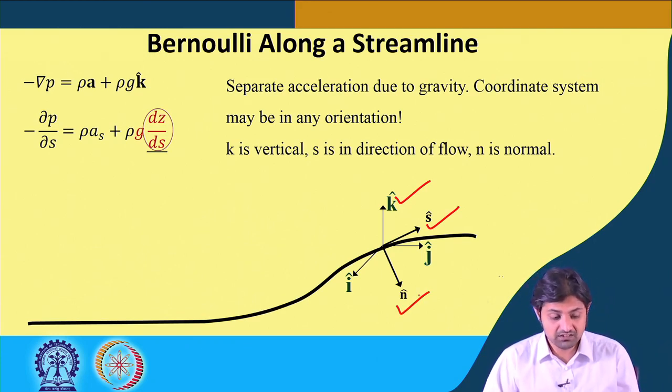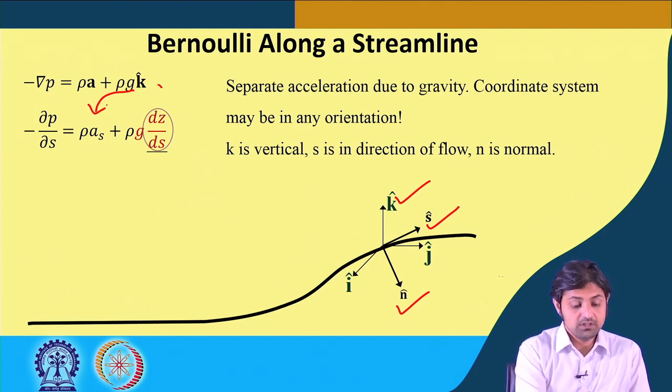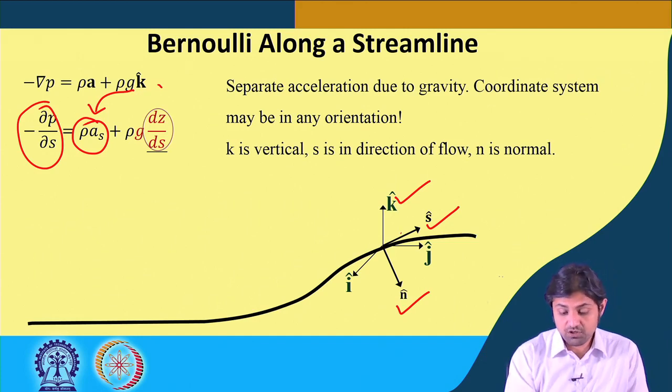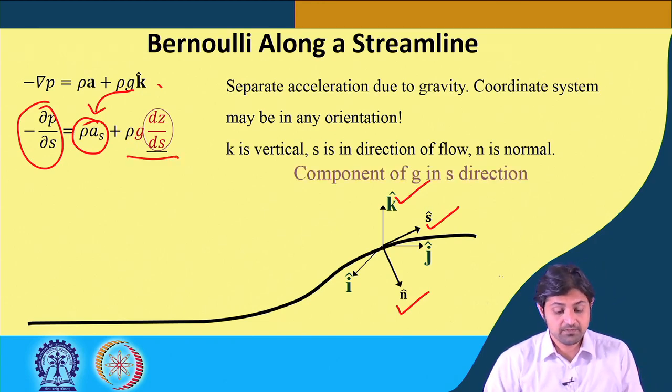So when we start writing this equation in component form, in the S direction, minus del P by del S is equal to rho into acceleration, and in that we have to take the component of g in the direction of S, which can be written as rho g dz ds. That is the component of g in the S direction.